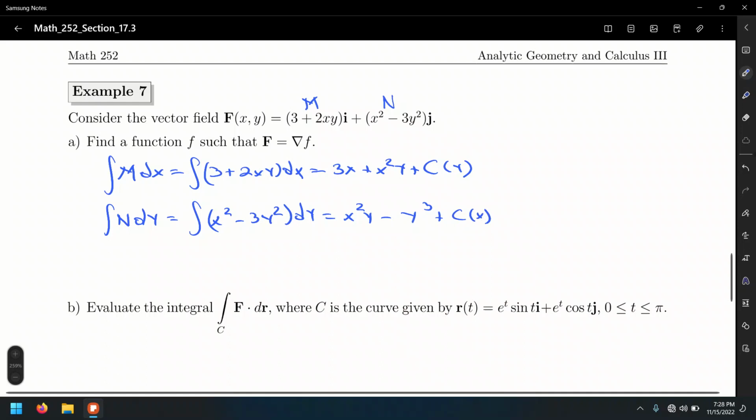So let's put everything together to find that potential function. This time, I'm going to call it f, not phi. So f of x, y. And what do we have? We have a 3x right here. We don't have another 3x, so just bring the 3x. X squared y, that x squared y is also in the second partial integration, so that's plus x squared y.